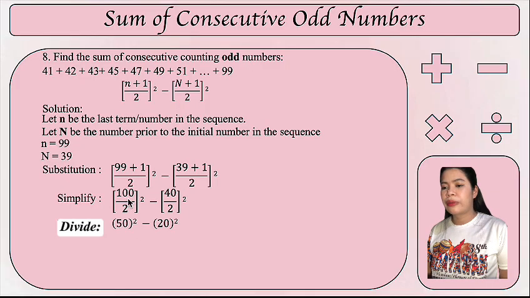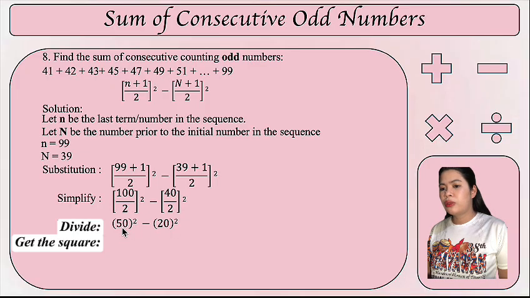So we are getting 50, then 40 divided by 2, 20. Now we are going to square each number. So by squaring it, what we are just going to do is multiply this number by itself.